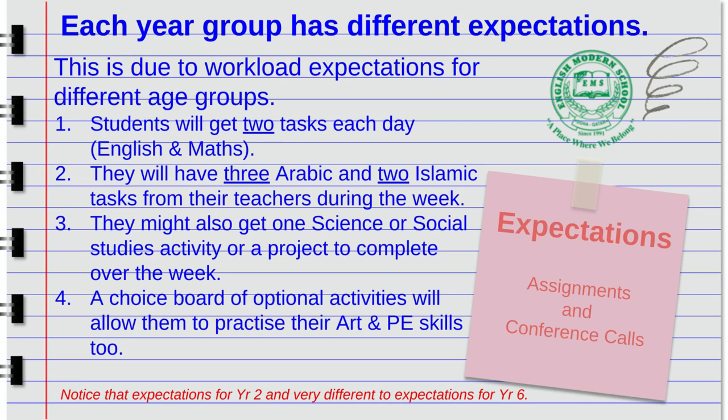They will also have 3 Arabic and 2 Islamic tasks from their teacher during the week. So if you imagine a 5-day week, and you put your English on Sunday and your maths on Thursday, you then have Monday, Tuesday, Wednesday for your 3 Arabic, and you also have 2 Islamic over the top. They might also get a science or a social studies activity or a mini project to complete over the course of the week.